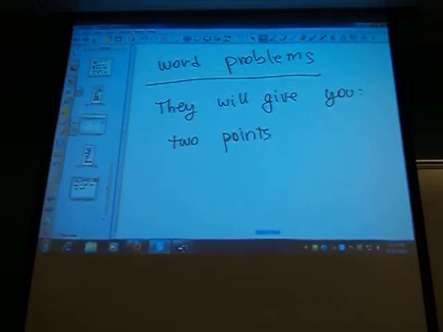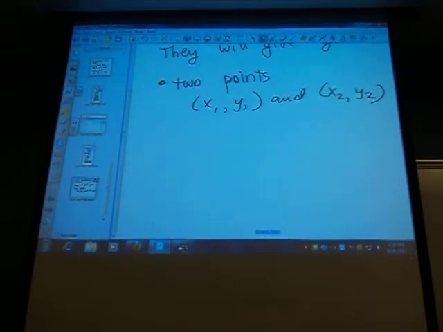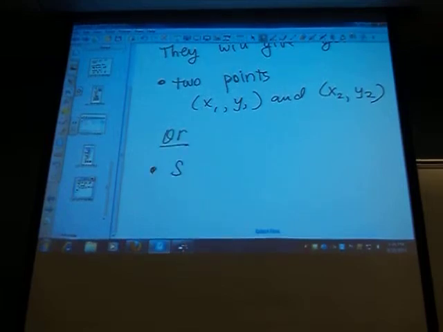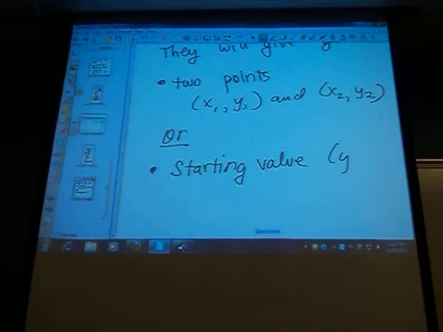They will either give you 2 points, which you can call x1, y1, and x2, y2, or they will give you the starting value, which is the y-intercept.